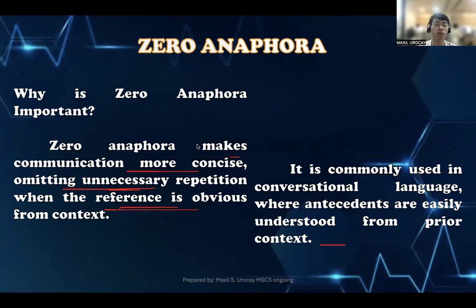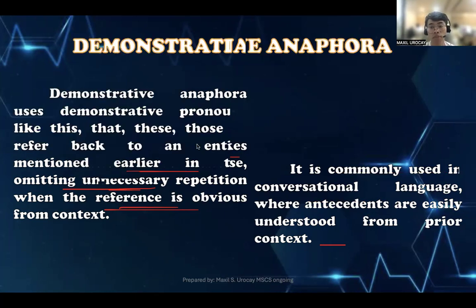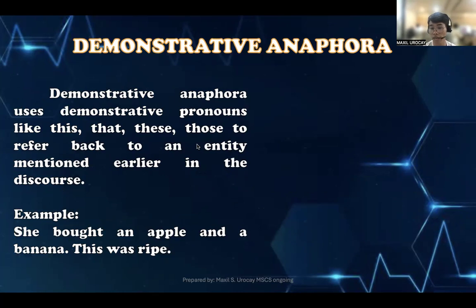Now, let's go with the next type of anaphora. The demonstrative anaphora uses demonstrative pronouns like this, that, these, those to refer back to an entity mentioned earlier in the discourse. For example: she bought an apple and a banana. This was right.